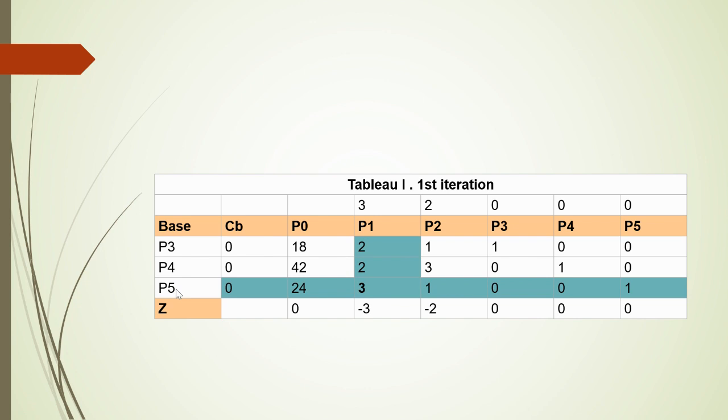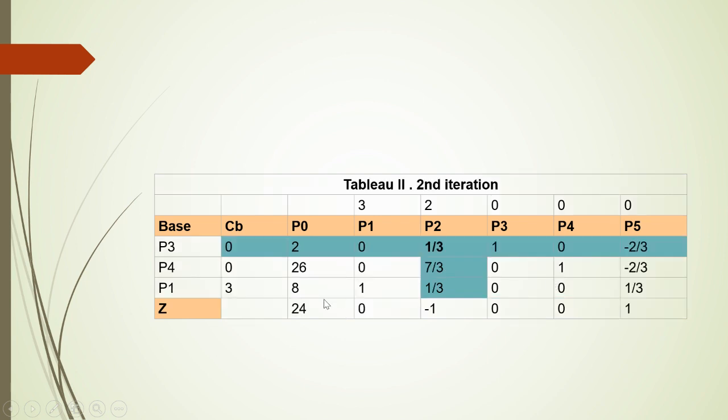So how we get it is we divide the pivot row by the pivot element. See here, 0 divided by 3, 24 divided by 3, 3 divided by 3, 1 divided by 3. So we get 0, 8, 1, and 1 by 3.